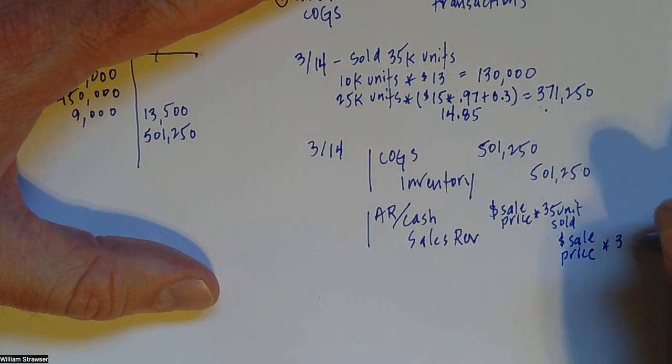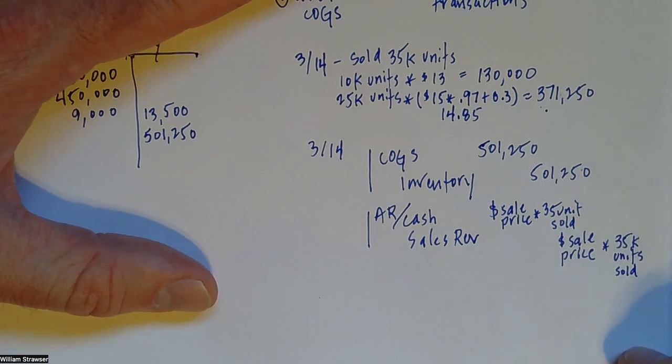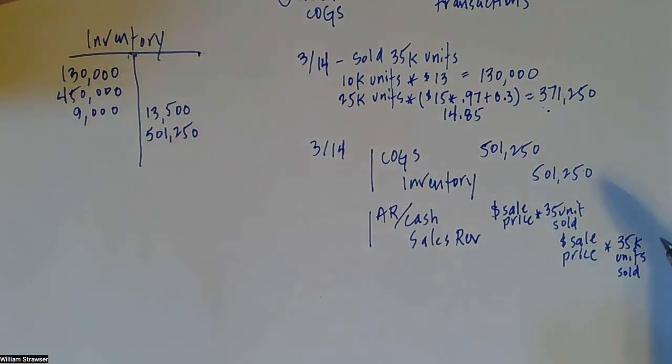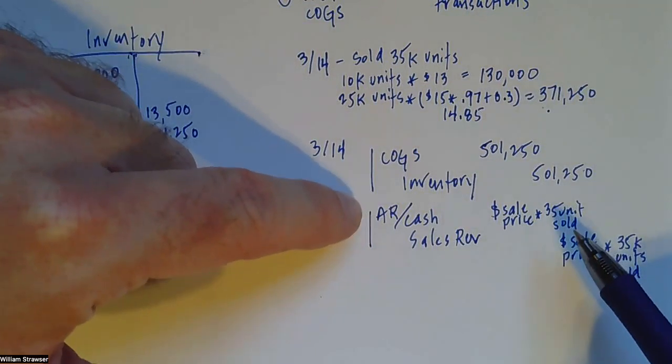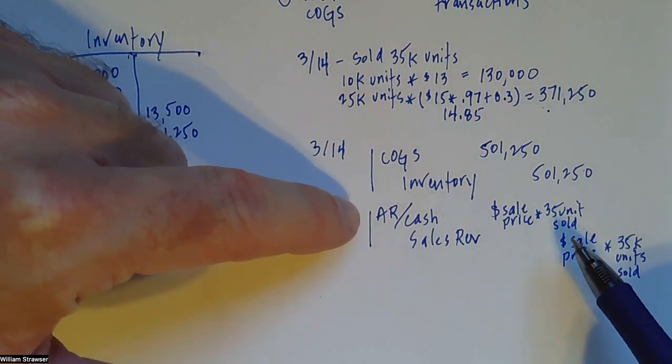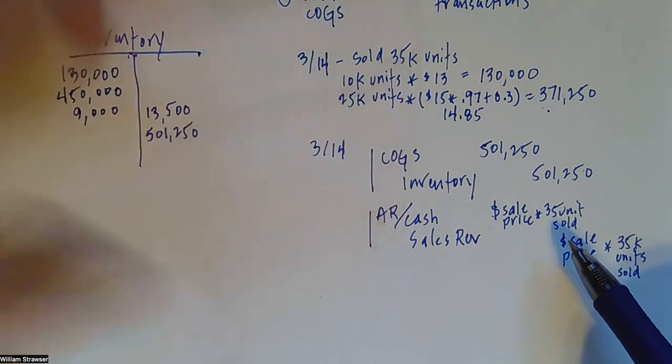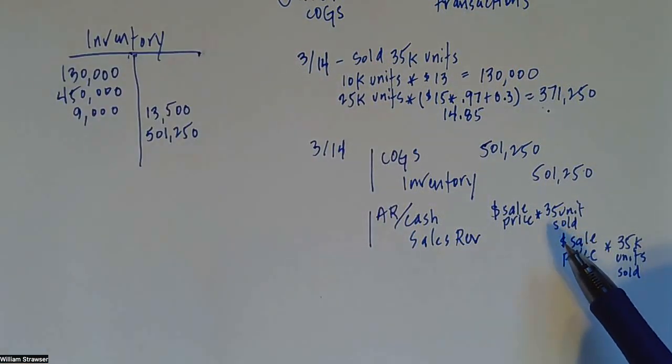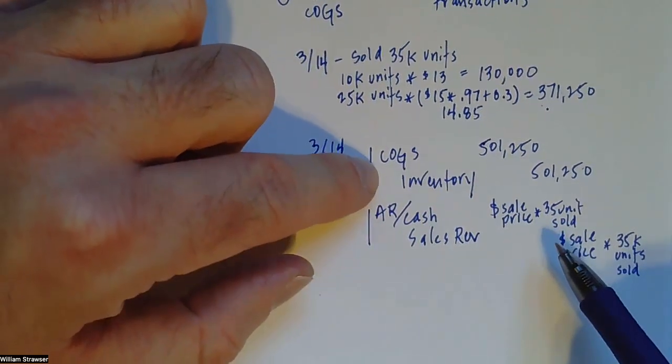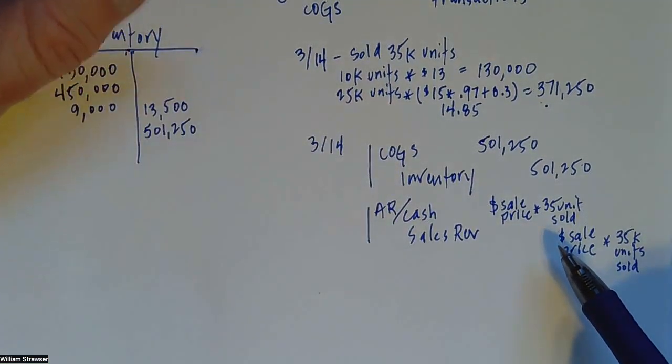I just didn't give you information about the sale price, so you really can't give me this entry. But yes, for completion's sake, putting the whole picture together, when I sell, of course, I'll get some sort of an asset, whether that's cash or accounts receivable, and I will get to record revenue if I deliver the goods. I've done the work, I can realize it, I record the revenue. This is the match to the revenue I just recorded.